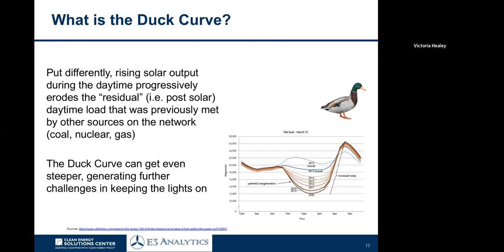So California is often focused on, but this is not just a California specific story. These challenges are emerging in Hawaii, they're emerging in Australia, they're emerging in parts of Europe, and they're increasingly emerging in China. This is very much a utility-wide global challenge.